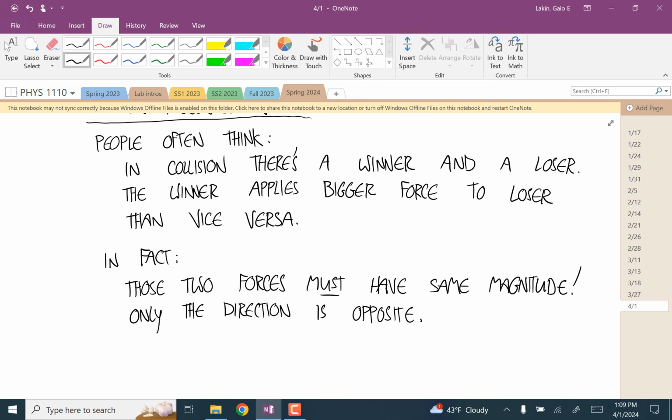If you apply 100 newtons of force to a bug, it has a big effect on the bug. And so when the bat and the ball collide, there's a very large force for a very short amount of time, let's say 10,000 newtons. There really is a 10,000 Newton force pushing the ball that way and a 10,000 Newton force pushing the bat that way.